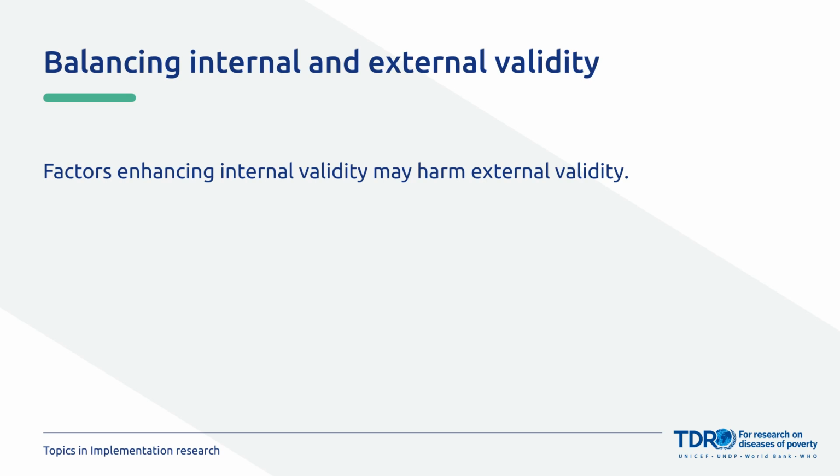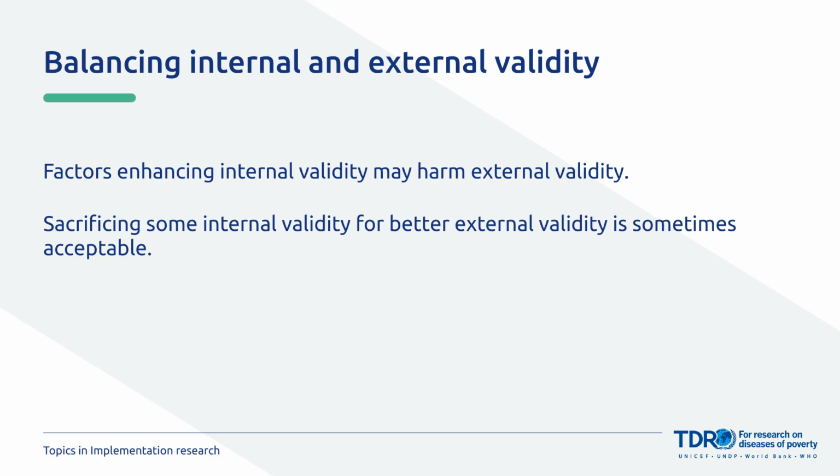Sometimes, it's impractical, expensive, or unethical to use randomization, especially in community-based or policy interventions where withholding programs could raise ethical issues. In some cases, sacrificing some internal validity for better external validity may be acceptable, especially when there's existing experimental evidence to reference.